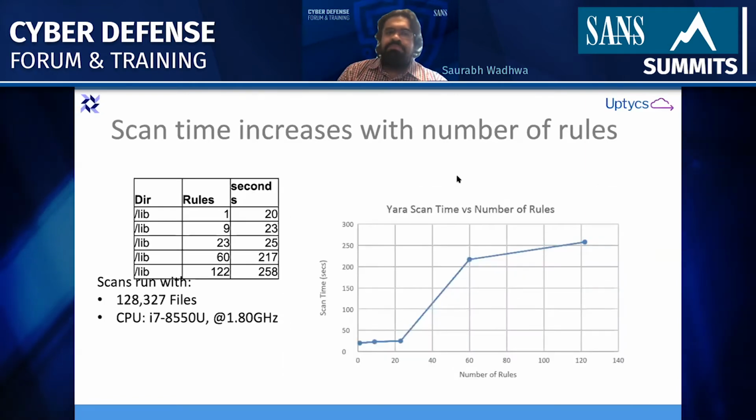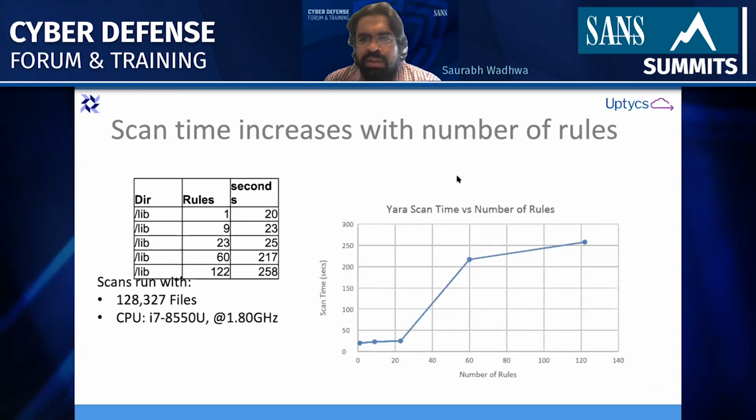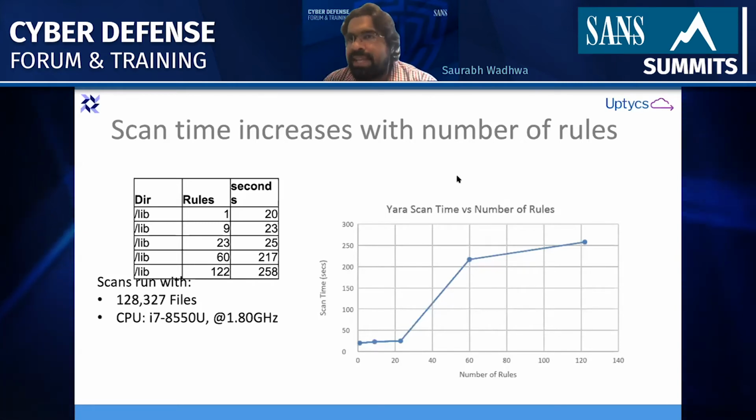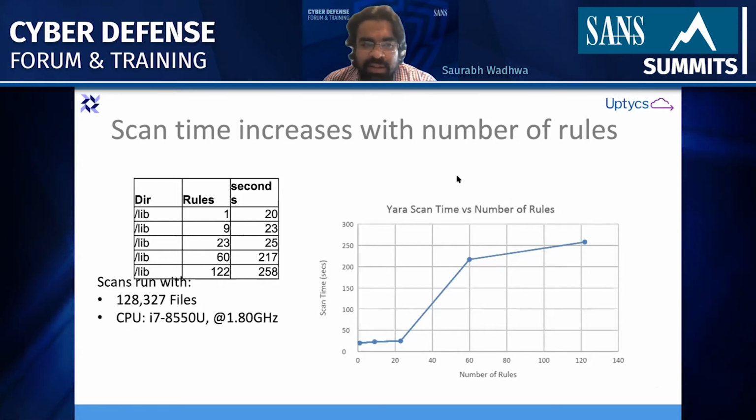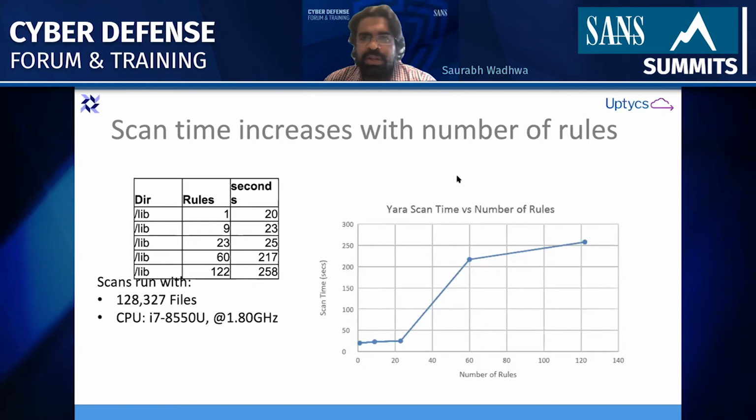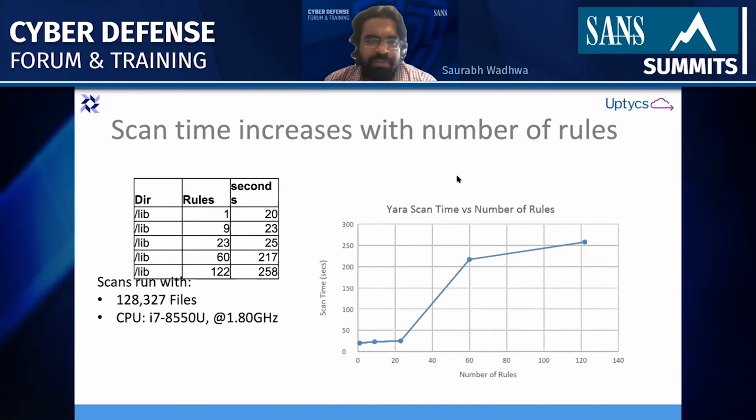Next, the scan time also increases with the number of rules itself. We just had 9 rules, so it was pretty easy to run the scan. But if you see, one rule runs in 20 seconds. The count of the files here is close to 130,000, so still a decent amount of files.